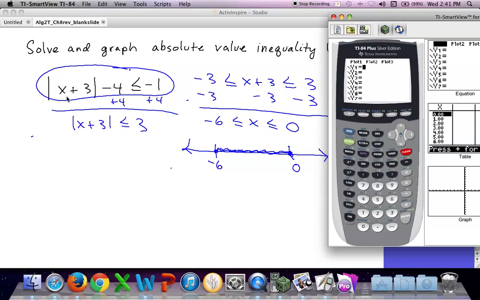So where do you find absolute value brackets in the calculator? Yeah, you could go like this, math, and then arrow over to the num, and you can find it there. There's another place you could find it that's even easier. You hit the alpha key, and then hit the window.